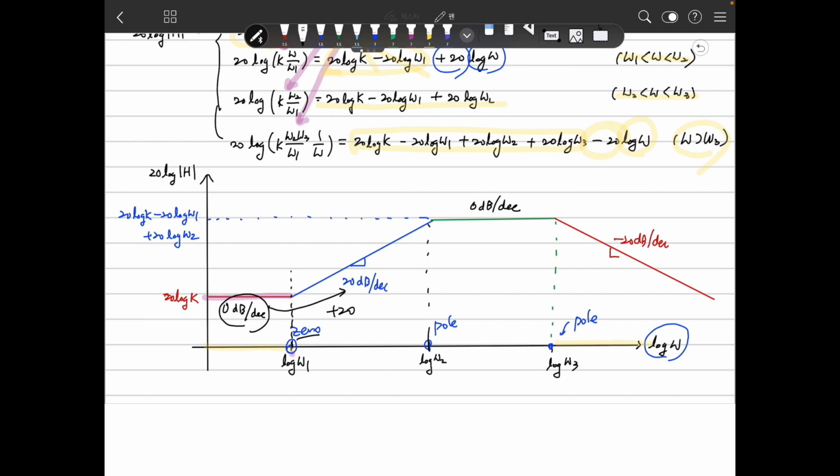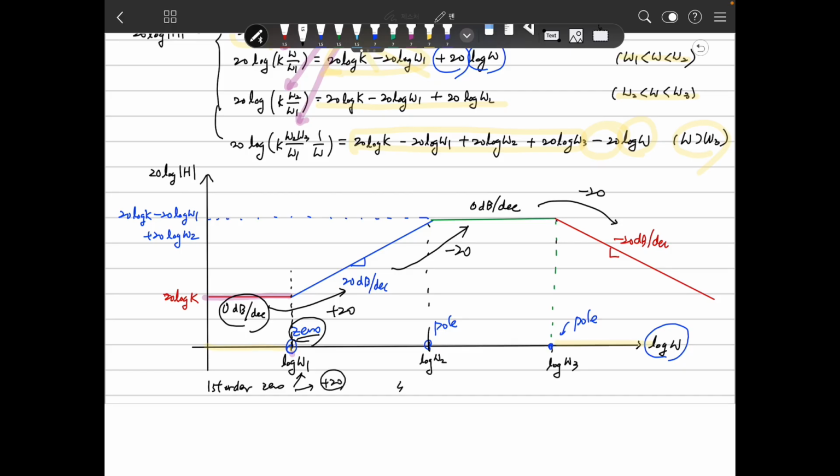If you meet a second pole, the slope again decreases by 20. So if we meet a zero, the slope increases by 20. In the case of a first-order zero, then the slope is plus 20.